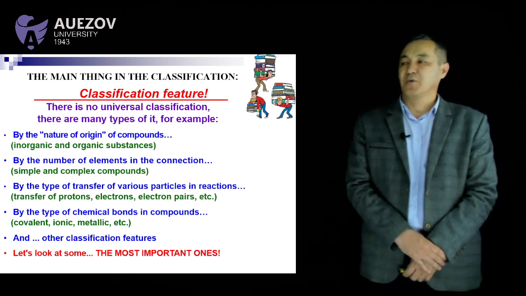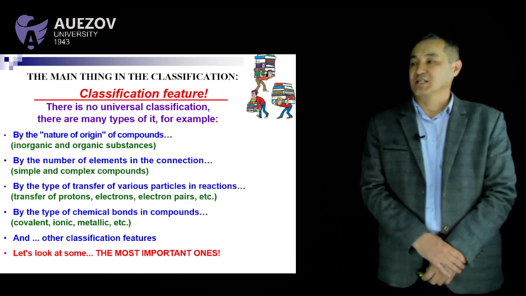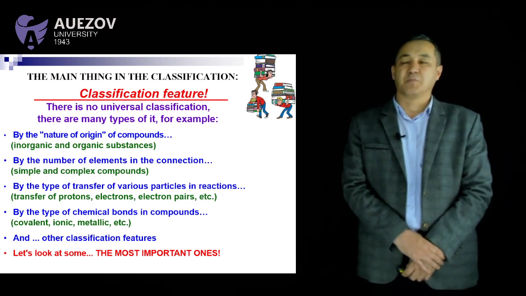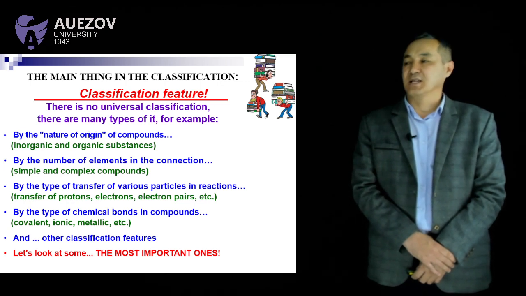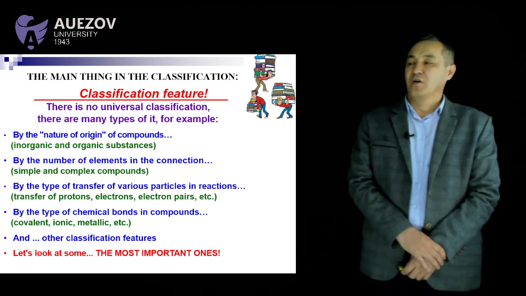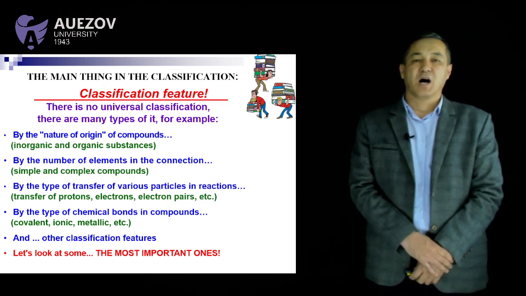Third, by the type of transfer of various particles in chemical reactions, transfer of protons, electrons, and others. Fourth, by the type of chemical bonds in the compound: covalent, ionic, metallic, and others.